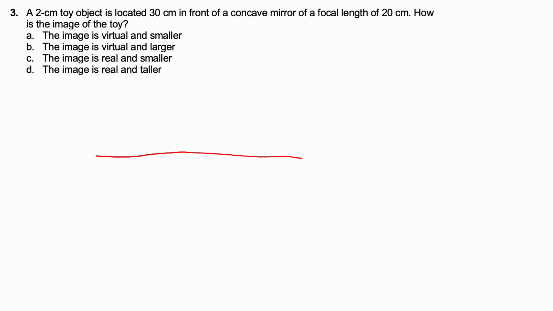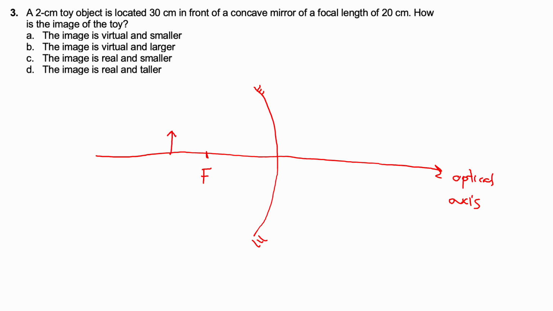So this is the optical axis, and you need to forgive me a little because I'm not doing everything to scale, but I will try to do my best. This is the concave mirror, right? And here at 20 I have my focal length, and at 30 I have my object.